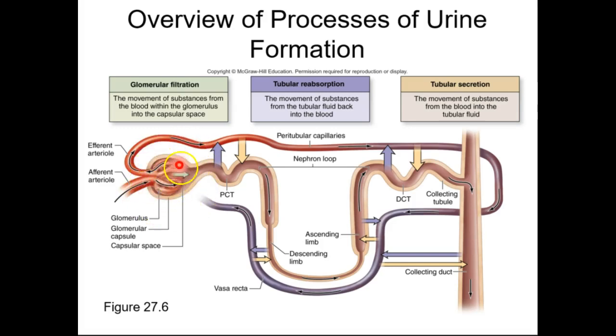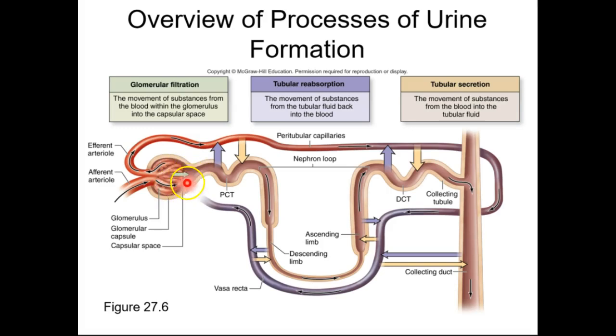So your glomerulus, your renal corpuscle, is the basic unit of filtration. This is where bulk filtration occurs. This is the main site of filtering. We're going to lose a whole bunch of stuff from our bloodstream into the capsular space, and at that point it's going to be known as filtrate. The fluid located right here is known as filtrate.